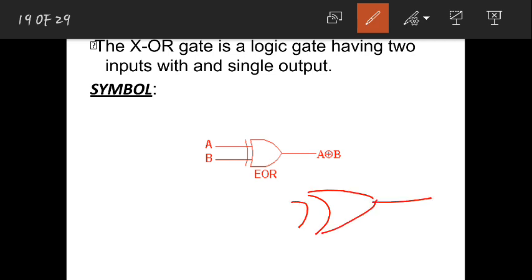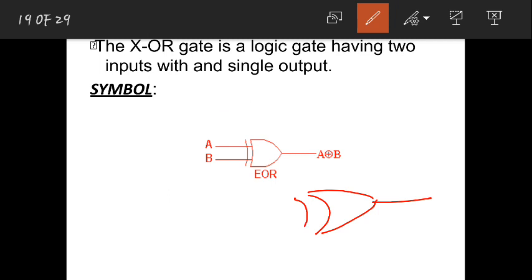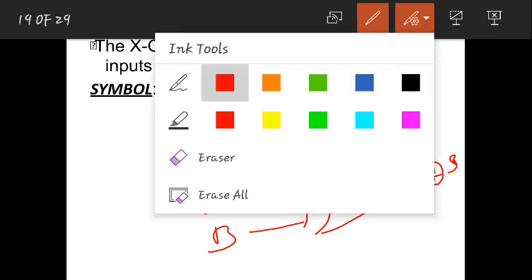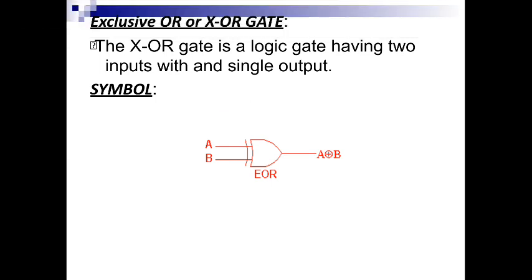Whatever inputs we give here, A and B, the output will be A XOR B, that is, A XOR operation B. This is the symbol for XOR operation. It can have two inputs or more than two inputs, but the output is always 1.